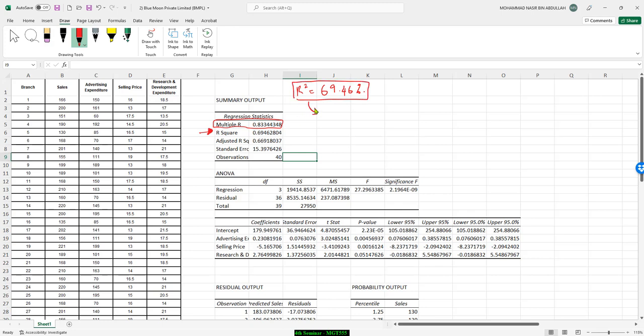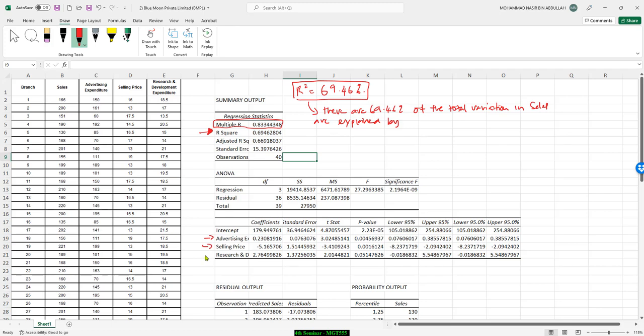So what does it mean? There are 69.46% of the total variation in sales explained by what? So we already have three, right?